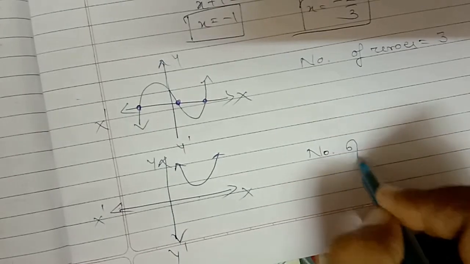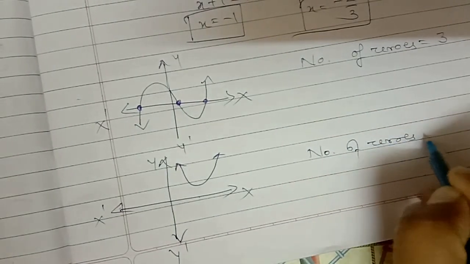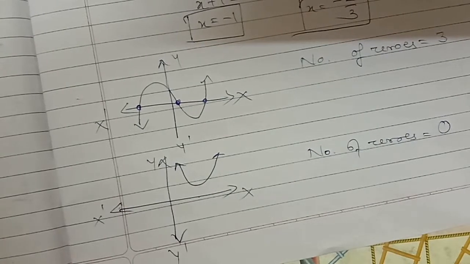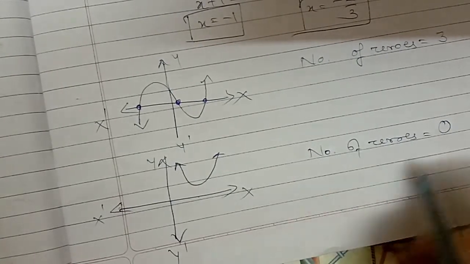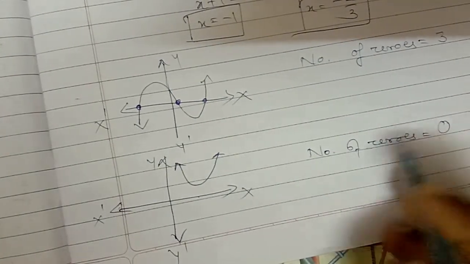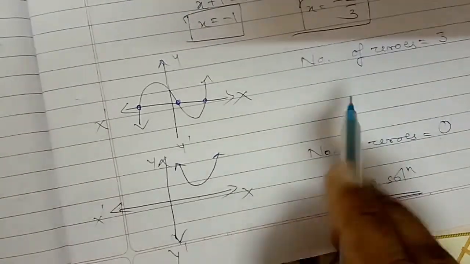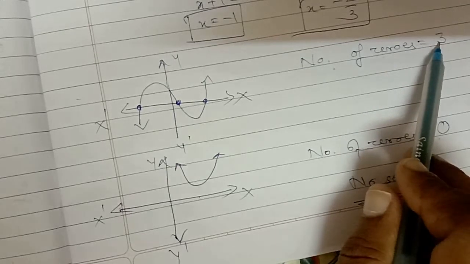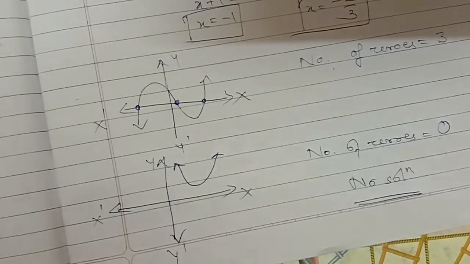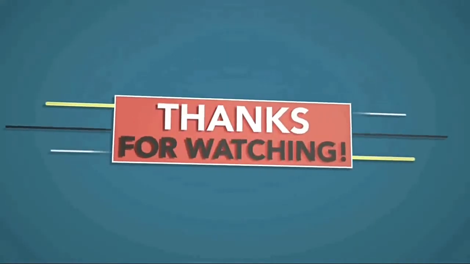And so the number of zeros is equal to 0. Right? That means if number of zeros is 0, there is no solution at all. Okay? And if the number of zeros is equal to 3, that means there are 3 solutions.